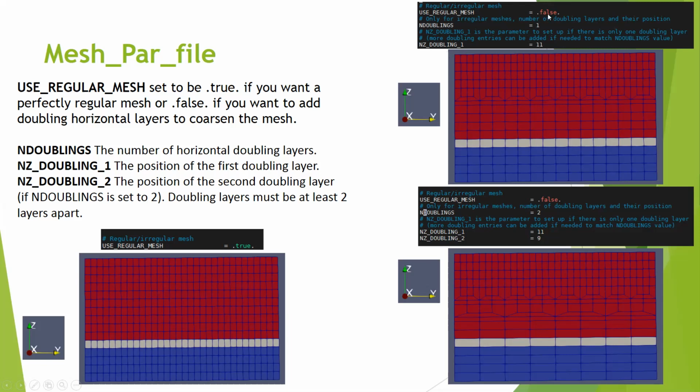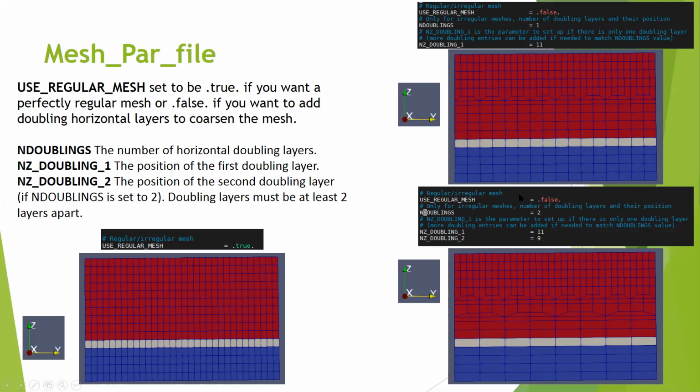If you turn this flag to false, then set the number of doubling layers. If I set it to 1, then you need to define the position of the first doubling layer, here 11, counted from the bottom of your model. Then at the 11th layer, the length in the horizontal direction is longer than in the shallow regions.